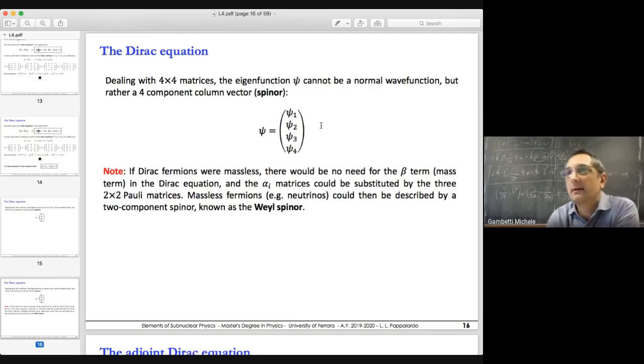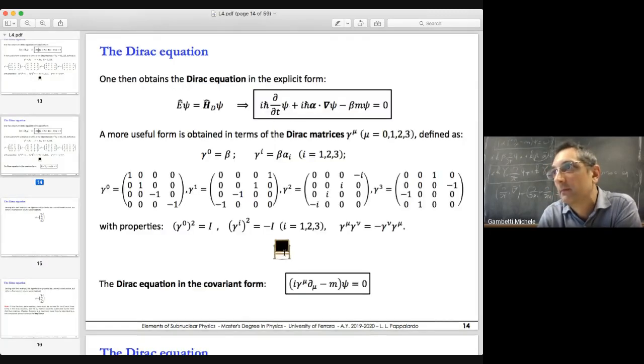Let me make here just a note, just for your knowledge. If Dirac fermions were massless, so suppose that quarks and leptons were massless, then we would of course need to modify the Dirac equation, and in particular we do not need the mass term, which is the beta term. If your fermions are massless, you don't need this term here.